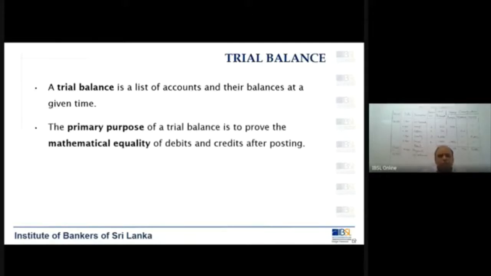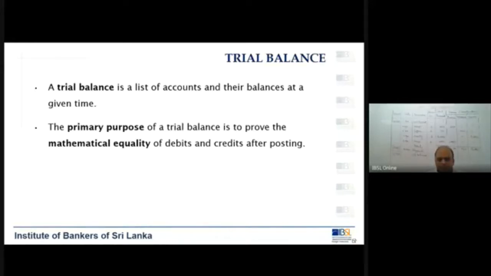So the primary purpose of the trial balance is to prove the mathematical equality. Very important. We say mathematical equality of debits and credits after posting. So what we are trying to establish here is that when you do transactions, you always conform to the double entry principles.